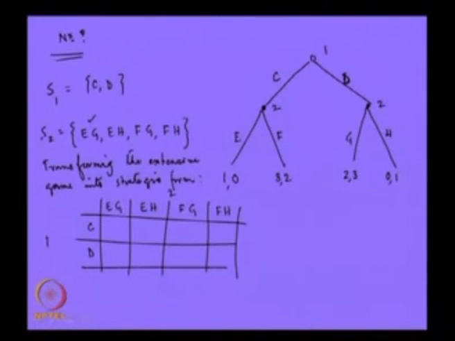So, if the strategy profile is C, EG, the payoff is 1, 0; C, EH, again 1, 0; C, FG, 3, 2; C, FH, again 3, 2; D, EG, 2, 3; D, EH, 0, 1; D, FG, 2, 3; and D, FH, 0, 1.